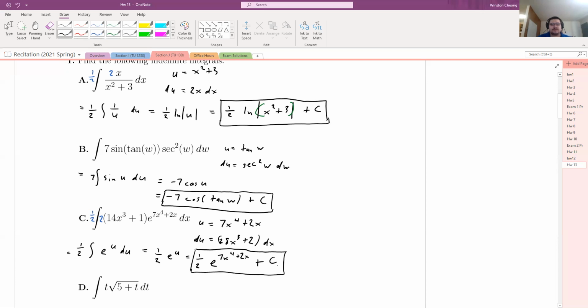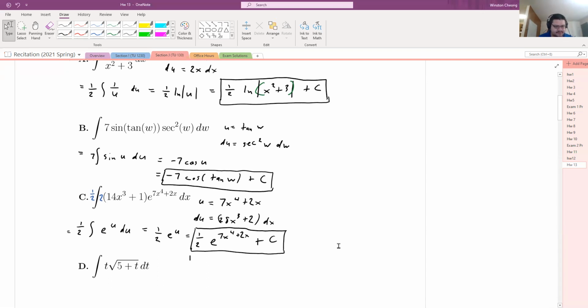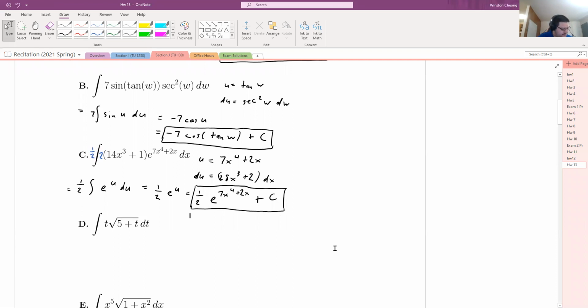So I think it's a good thing that I was asking you what you think the u should be. I forgot to really ask the other class. There's a chance that they don't know how to do u sub. But you see that it is a bit of trial and error. You can guess something and just try the process out and see that there's going to be a mismatch.